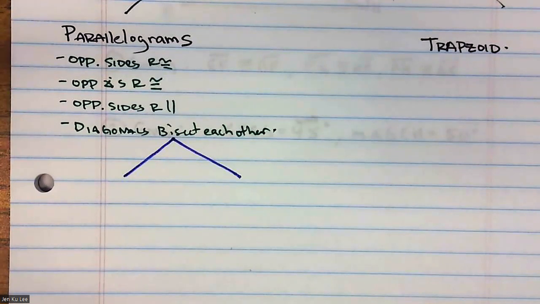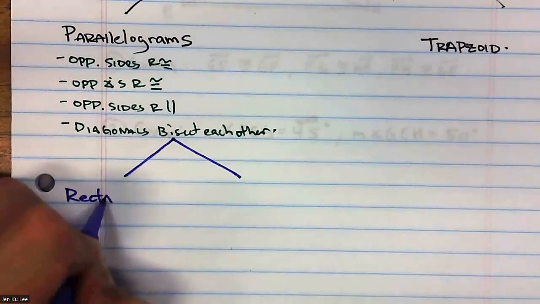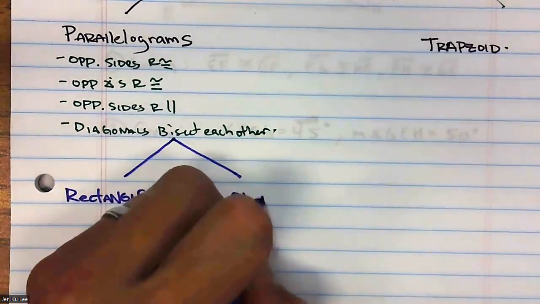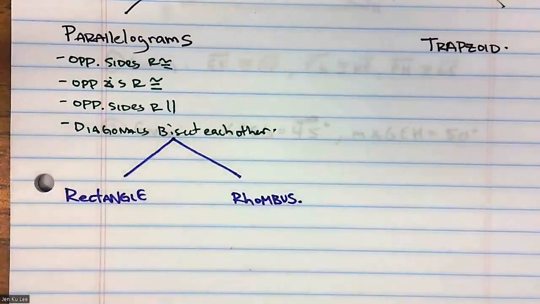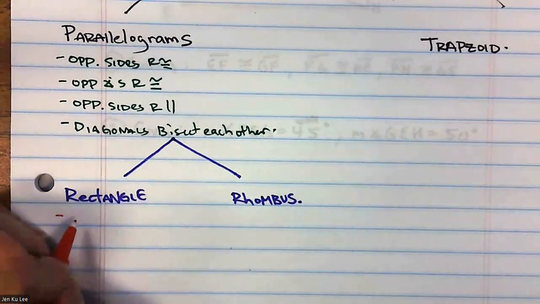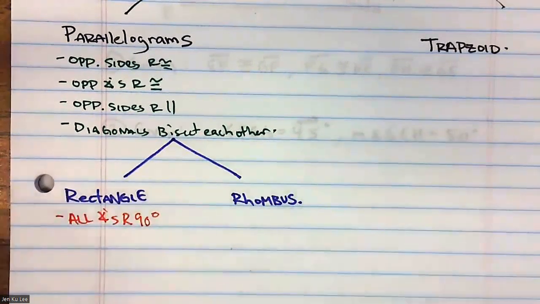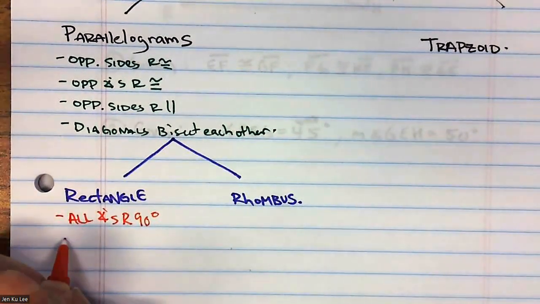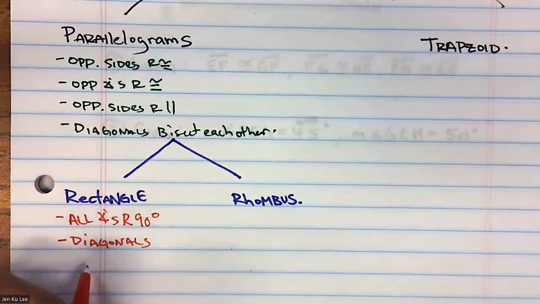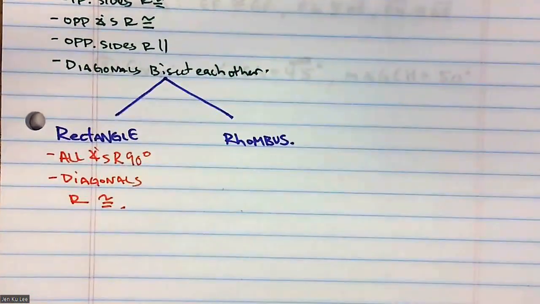right? Underneath it, you have a rectangle, which is a special type of parallelogram, and a rhombus, right? We just went over what they are, the characteristics. In a rectangle, all angles are 90 degrees, and then the diagonals are congruent, right? Those two are the special types of characteristics.